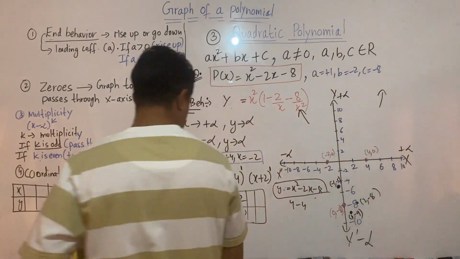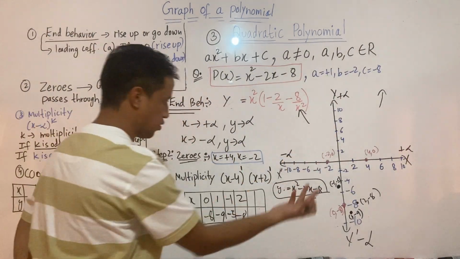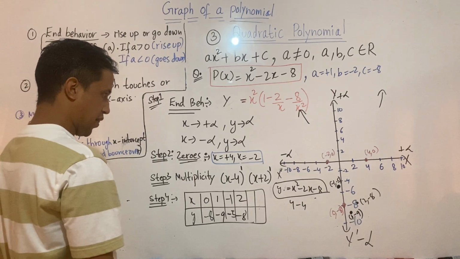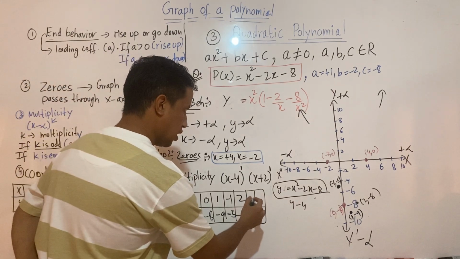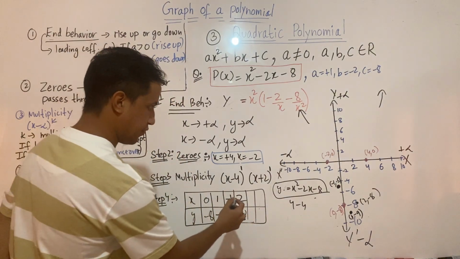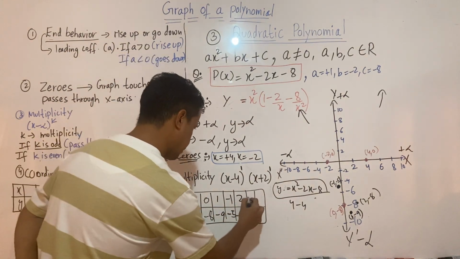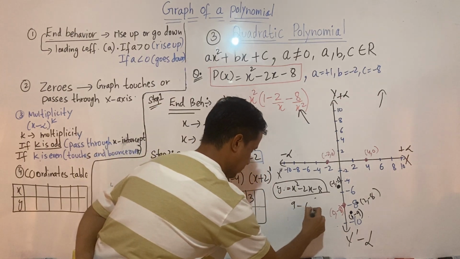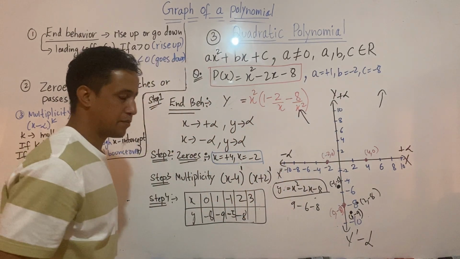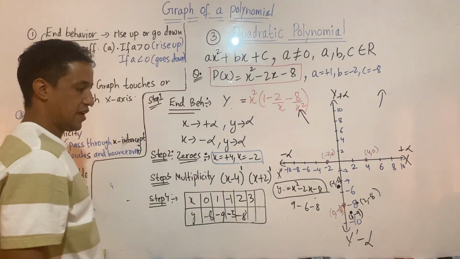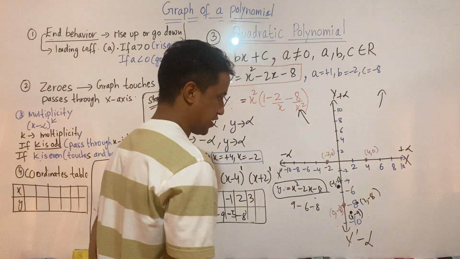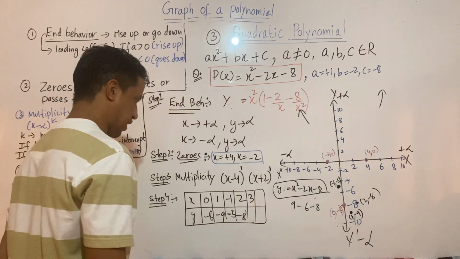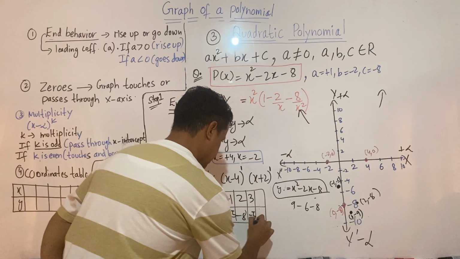Because for -2 we know it. If you put x = 3, then it's going to be 9 - 6 - 8, which is -5.